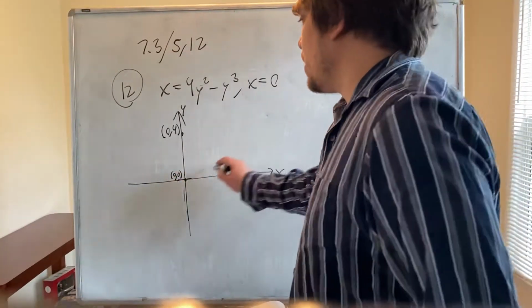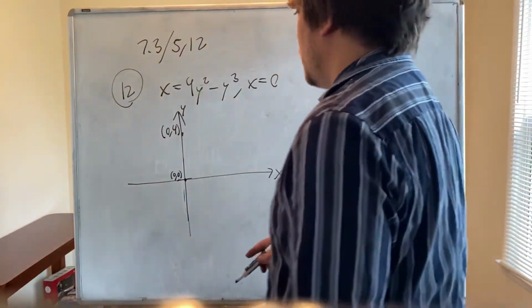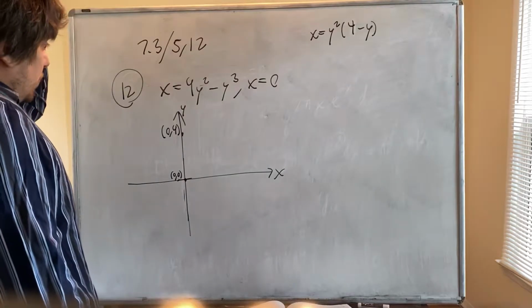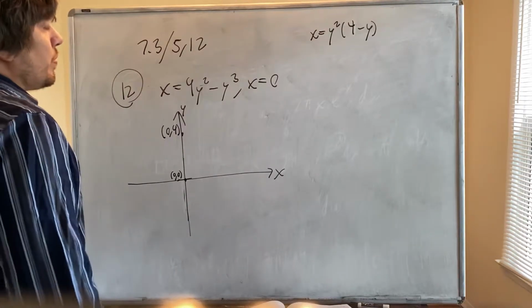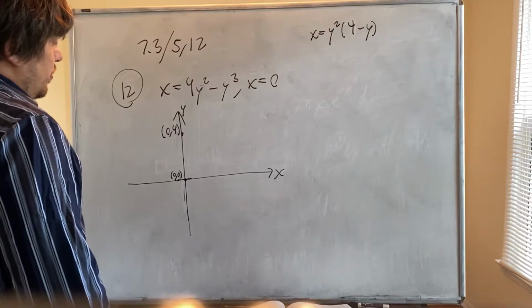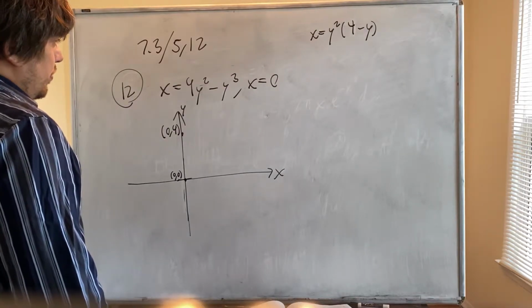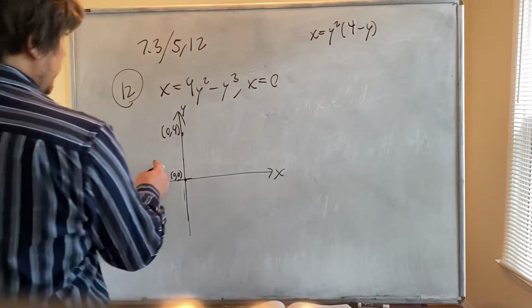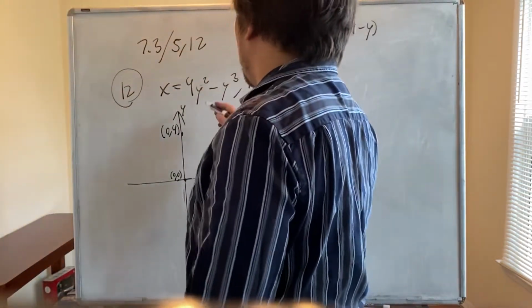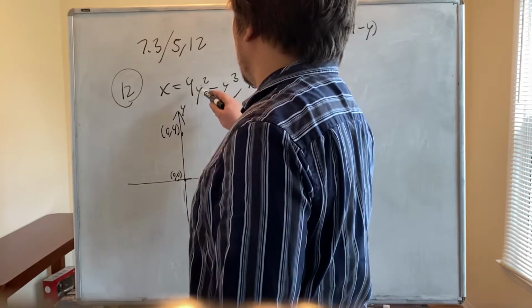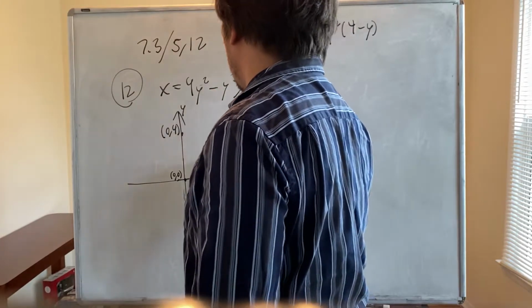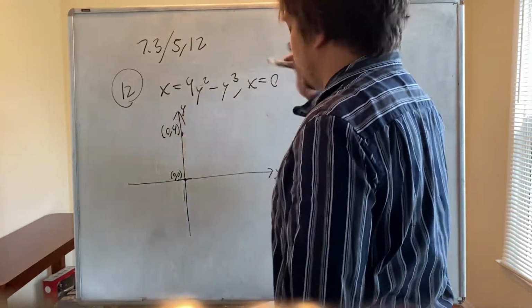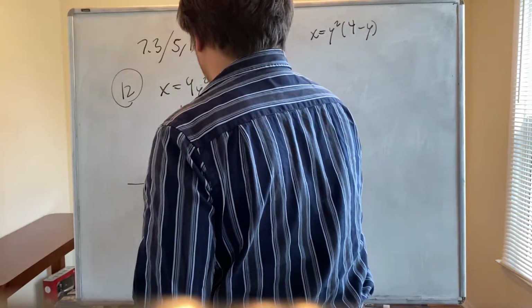Okay, so it's going to be going this way, curve. If y was 2, which is in between 0 and 4, you would get 16 minus 8, which is 8.